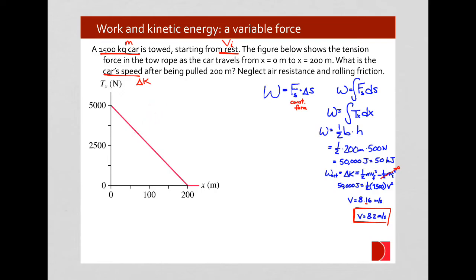And so the slope is negative 25 newtons per meter. We can also see that the y-intercept is 5,000 newtons. Thus, the equation of this line is negative 25x plus 5,000.